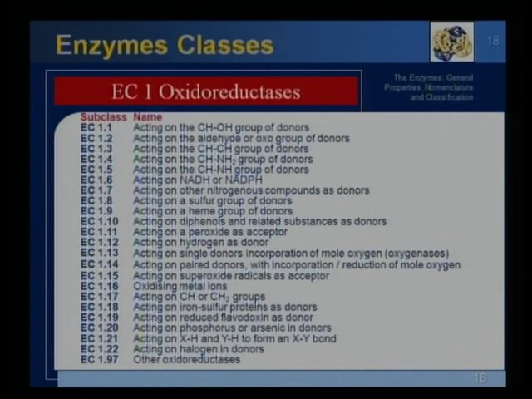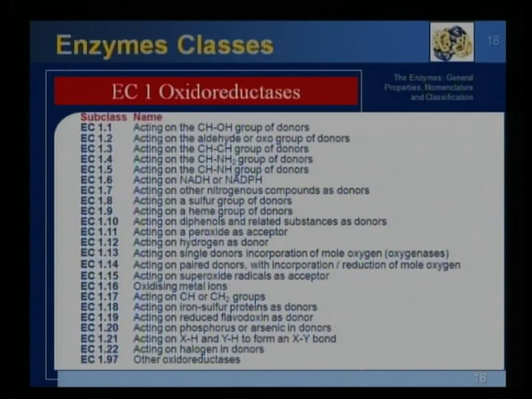Then you will be able to understand, if you go through the different rules and regulations given by the Enzyme Commission, and retrieve the information regarding the exact enzyme, the reaction which has been carried out, as well as the substrate on which it will act.